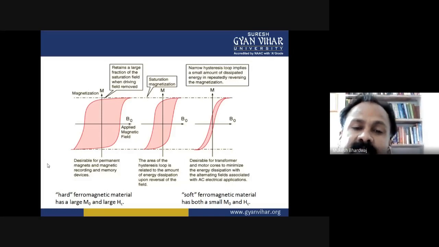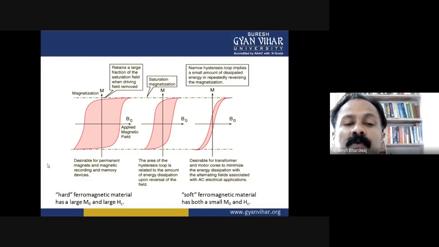So, when we are comparing the hysteresis loops for soft and hard materials, if the iron specimen is carried to saturation at both the ends of magnetization, then this loop is called the saturation or major hysteresis loop. And three quantities are defined.